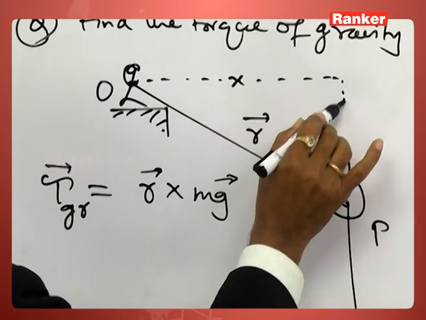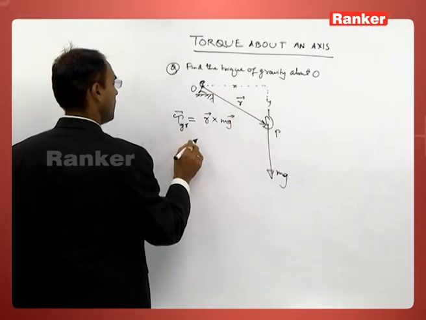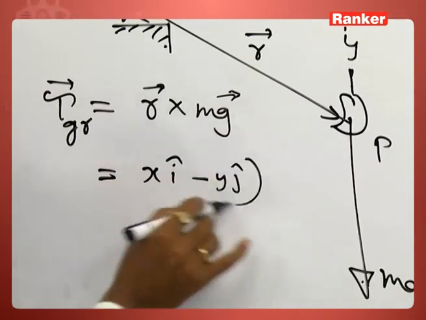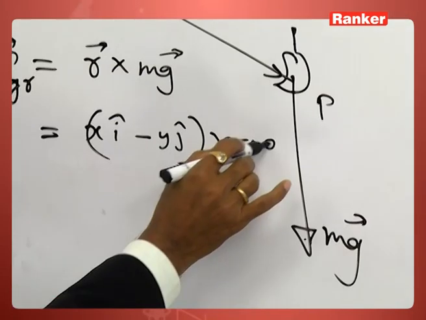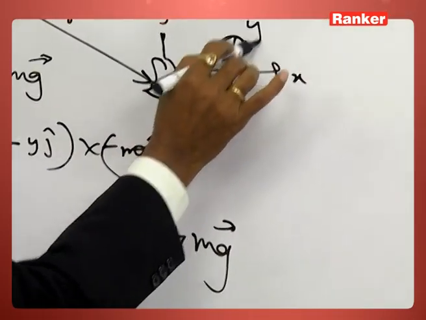This is x, this is y component. R can be written as x i cap minus y j cap, cross mg can be written as minus mg j cap. This is x cap, this is y cap.